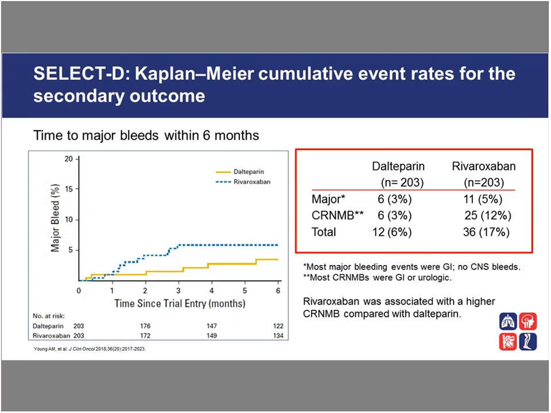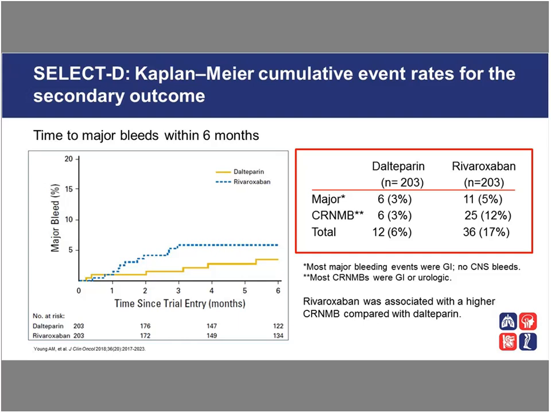Major bleeding was 3% in the dalteparin group versus 5% in the rivaroxaban group, and there was also a distinction when looking at clinically relevant non-major bleeding, 3% in the dalteparin group versus 12% in the rivaroxaban group. So there was more bleeding in total in the rivaroxaban group versus the dalteparin group.